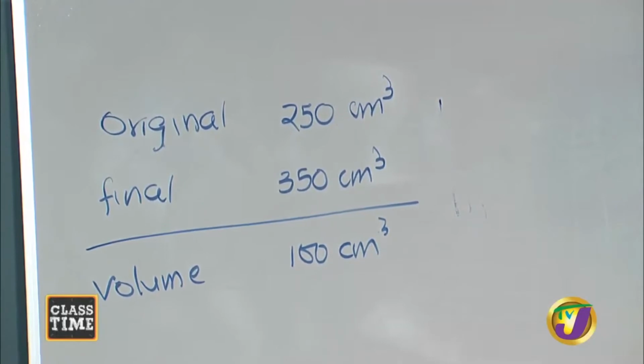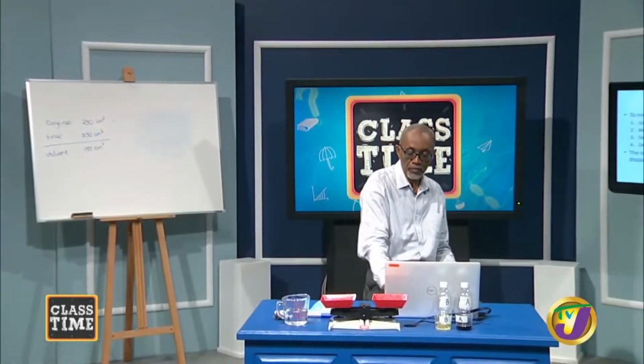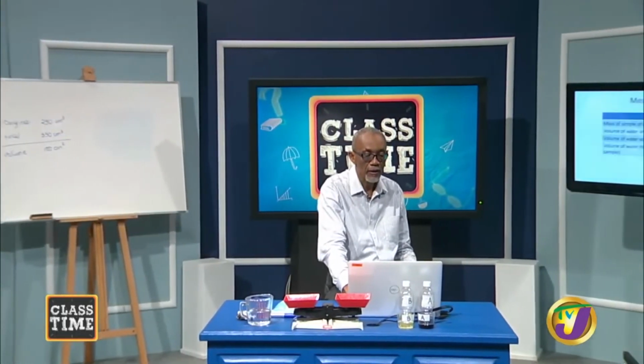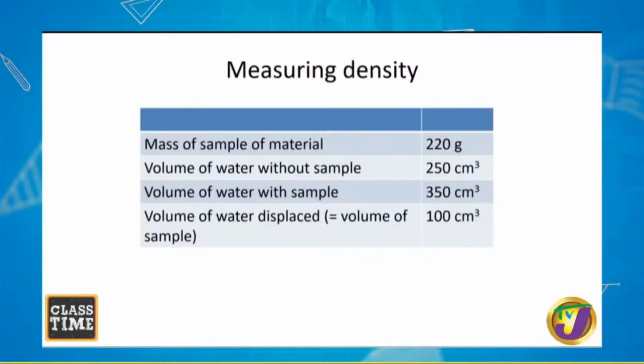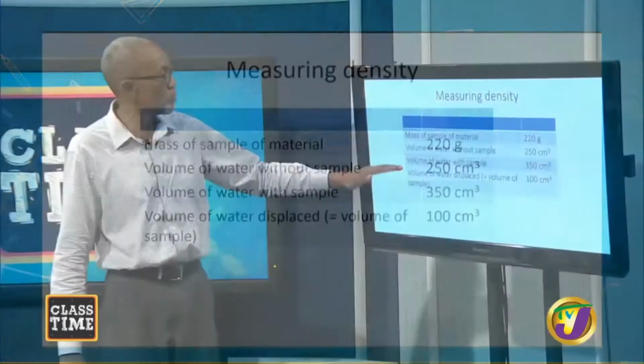So let's move on. For my sample, the mass of the material is around 220 grams. If you have a little less or a little more than that, don't bother yourself too much, because that's a judgment call oftentimes.